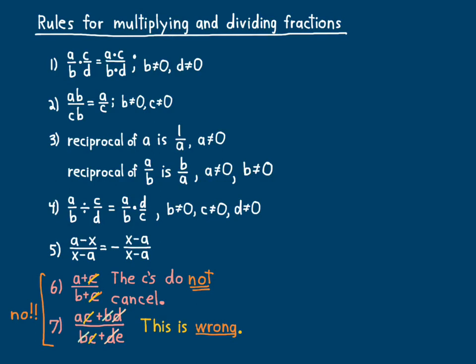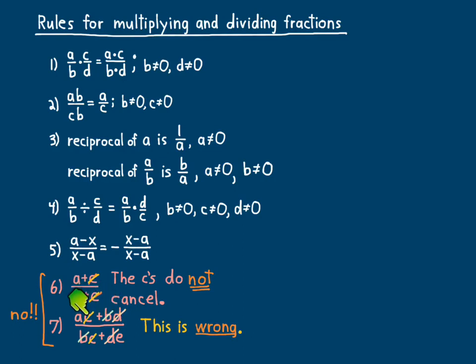Yes, because sometimes it's like this one here, where there's just a single term on top and a single term on bottom. But with 2 or more terms, you've got to be more careful. So this C does not cancel with this C for the same reason these C's didn't cancel, because C is not a factor of the numerator.